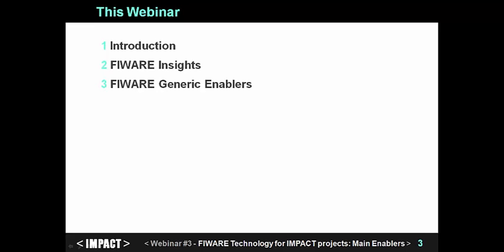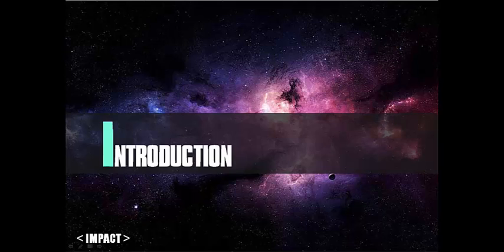Not all of them, of course, because there are so many, but we will focus on the most used and the most generic ones, the ones that you're more likely to be using in your project. At the end of our session today, we'll finish with a review of everything and with some clear next steps for you to follow if you're interested in having your project backed by Impact. Let's start then, if you're ready.